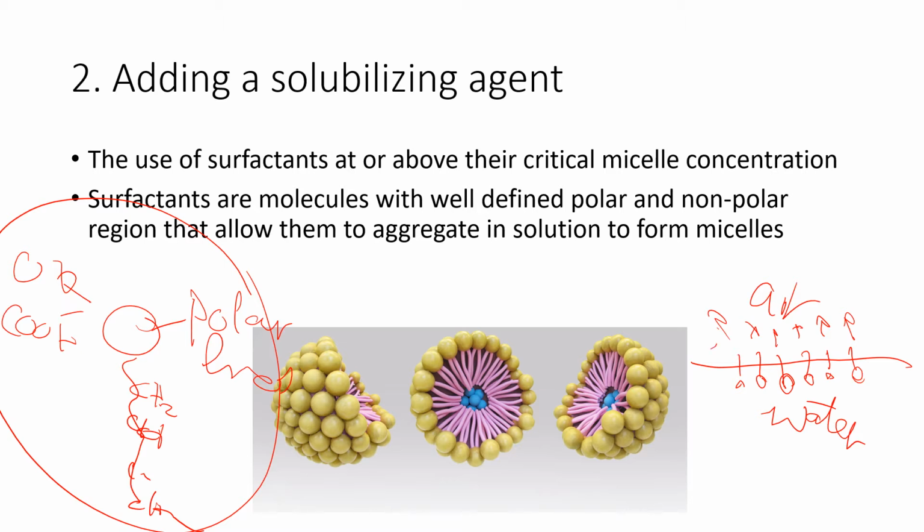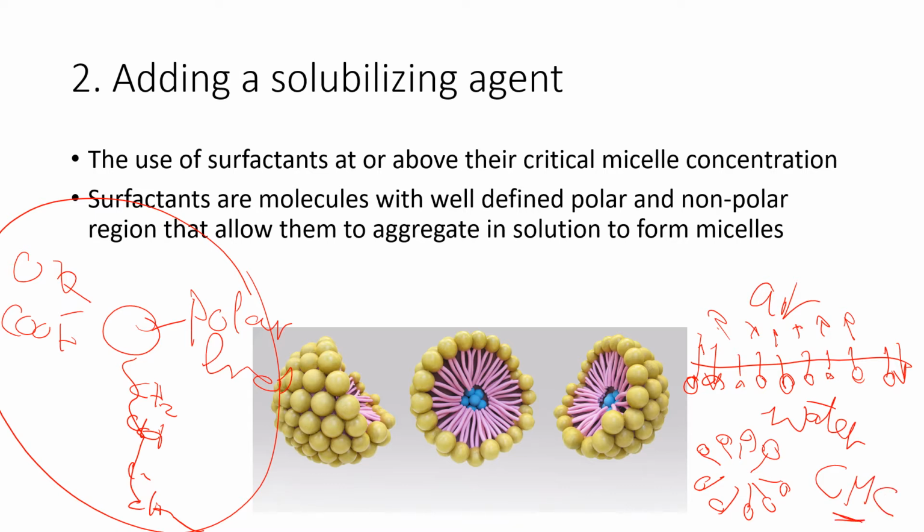When you add more and more surfactant, the surface becomes saturated. So any extra surfactant you add will aggregate in water and form micelles. The concentration at which the surfactant forms micelles is called the critical micelle concentration, or CMC.